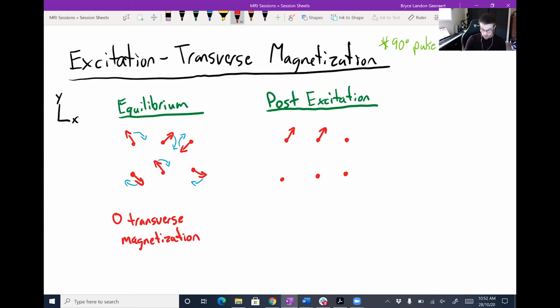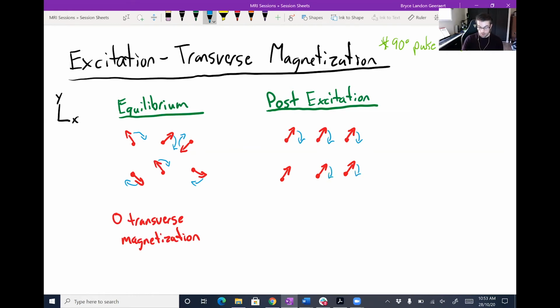My marker disappeared for a bit there. So now, all of these spins that were previously at any phase of their precession cycle that they wanted, they're now all spinning at the same rate, thanks to the Larmor frequency equation that we talked about. And they're all spinning in the same direction, thanks to the right-hand rule.